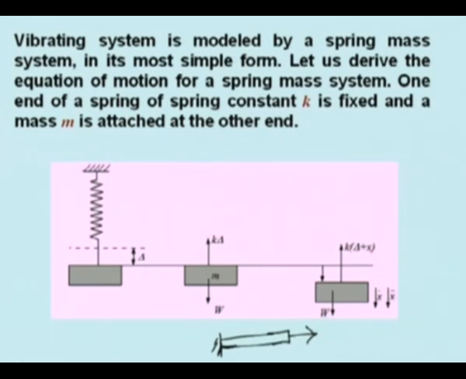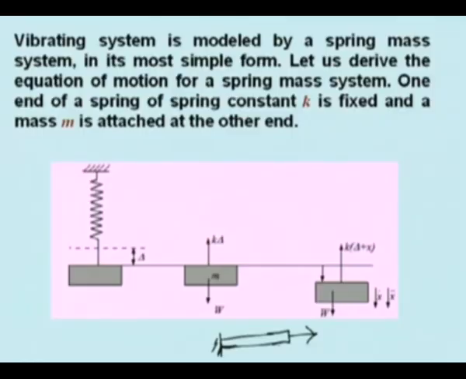Remove the force, it goes back. So it is basically a type of spring. The rod also can be modeled by a spring. Similarly, the mass may be distributed, but you can concentrate the mass at one point, so you can make a simple model of that real system. Let us derive the equation of motion for a spring of spring constant K.